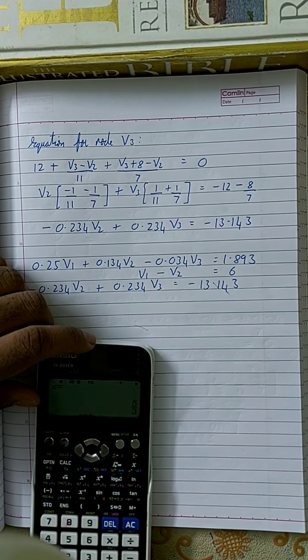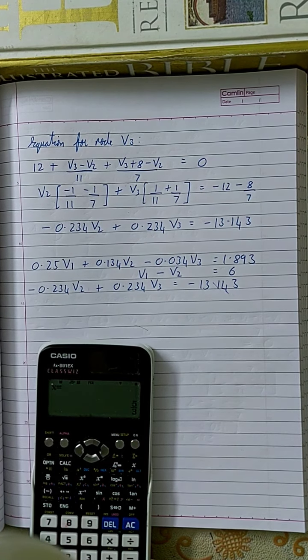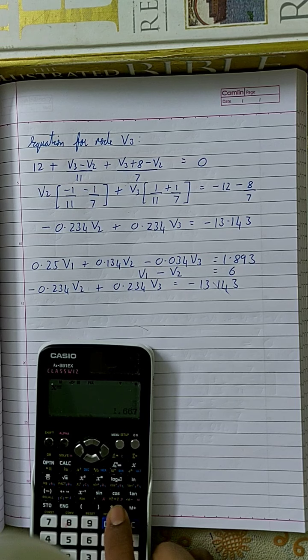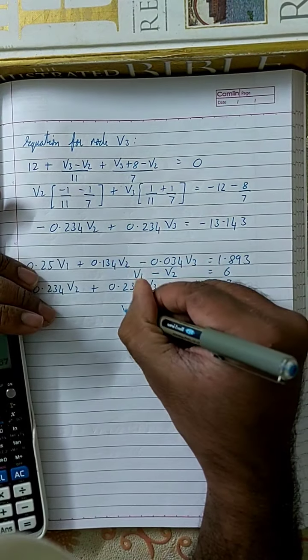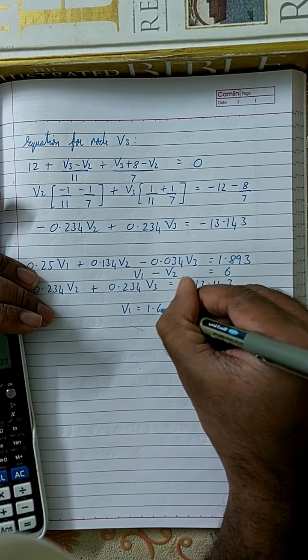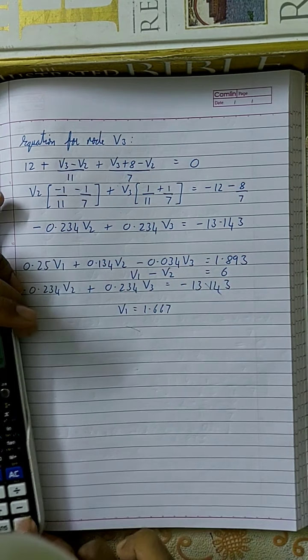There you have it. Let's hope the answer is correct. We have V1 is equal to 1.667. Let me see if I get the answer. V1 is equal to 1.667.